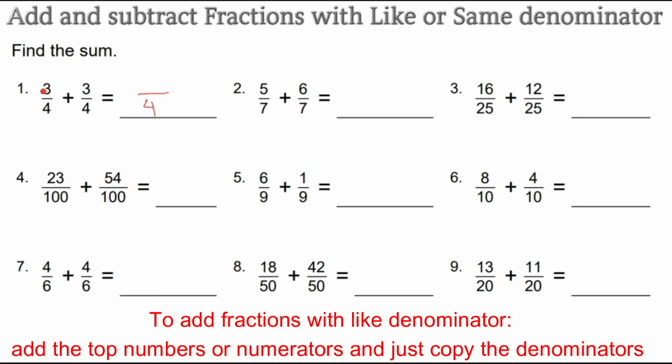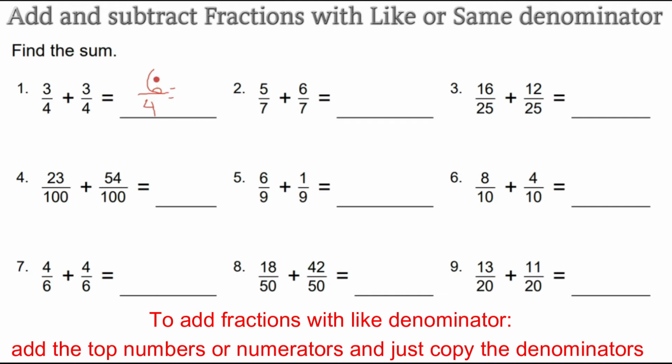In this case, we are going to be adding 3 plus 3 is equal to 6. So this fraction becomes 6 over 4. And then we can also simplify this. Simplify means to make it smaller until we can no longer divide it.